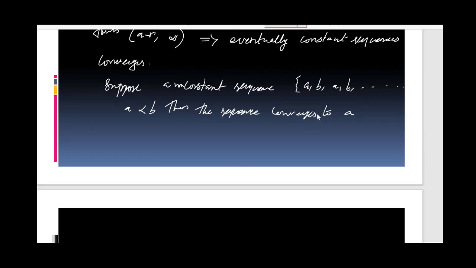The reason is, when you're taking an open set containing A, it should contain either R or be of the form (A, infinity), or A minus r, infinity form. Now since A is less than B, definitely all the B's should be contained in this set. So if there are lots of repetitions or lots of terms, if you're going for the minimum of these values and finding that minimum, the sequence may converge to that minimum value.